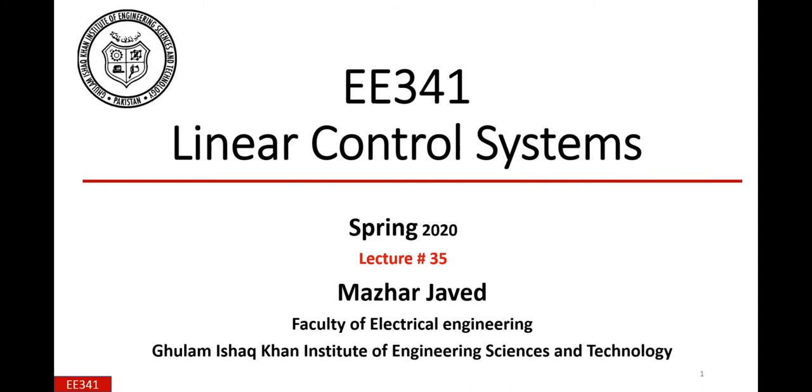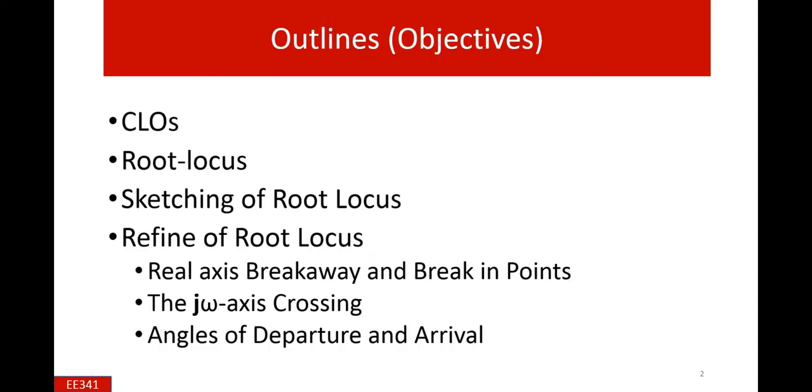In the last lecture we found the values of k at the breakaway point. Starting from the definition of root locus and then the rules and how to sketch and draw the root locus, to refine the root locus there are some additional points, like breakaway and break-in points, and how to find the value of k when a point is given.